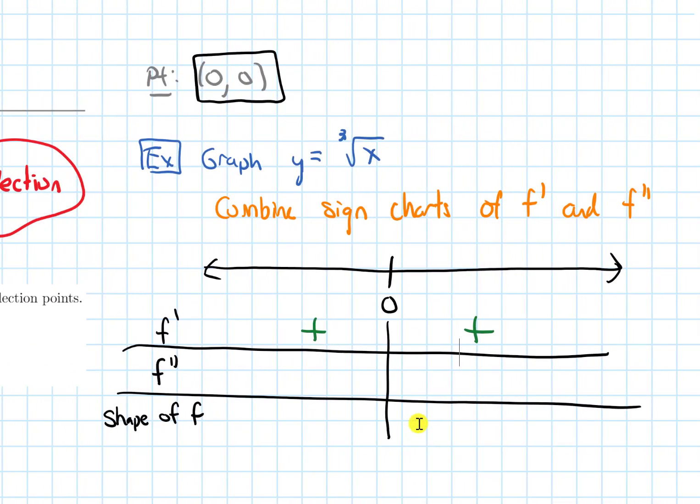For the shape, when our derivative is positive, our function is increasing. When the second derivative is positive, our function is concave up, so I need increasing concave up, which has this shape. For the next column, the derivative is positive, so it's increasing, and the second derivative is negative, so it's concave down. That means it's going to have this shape.